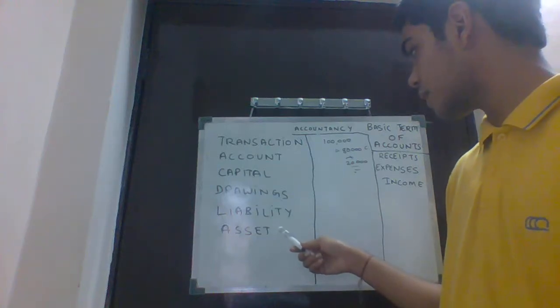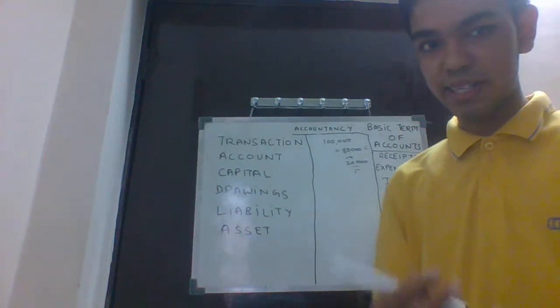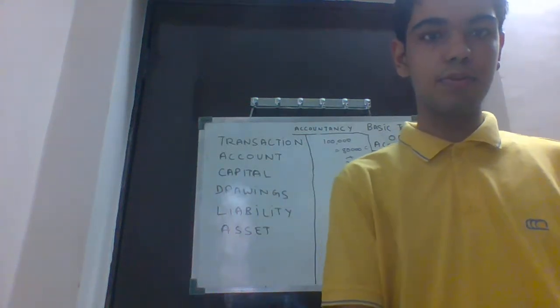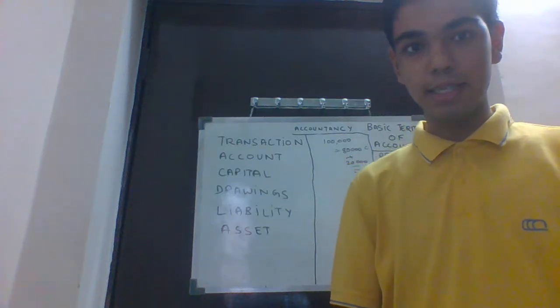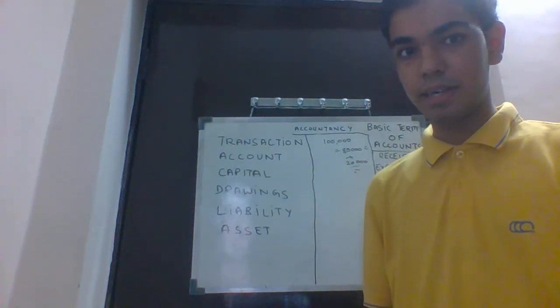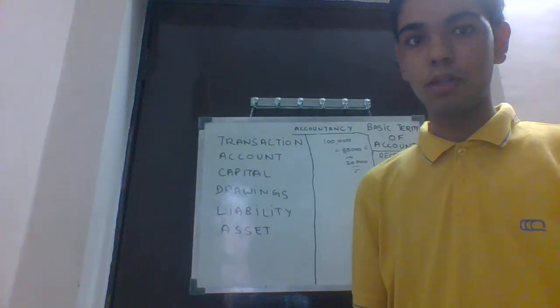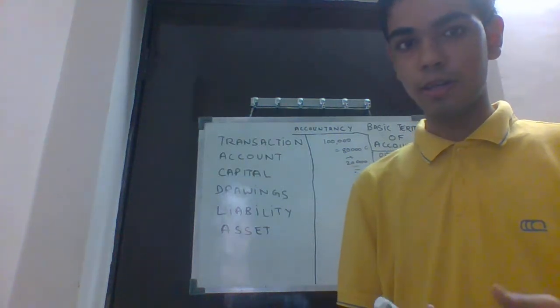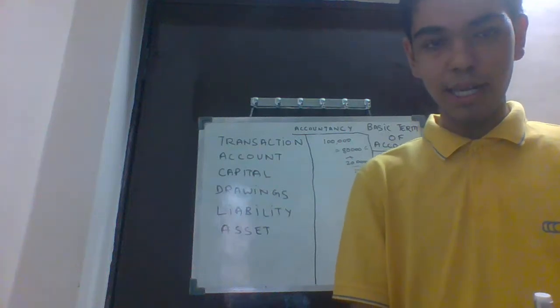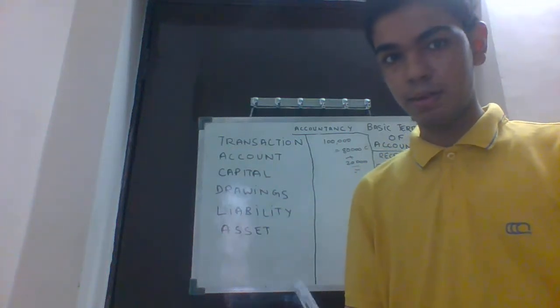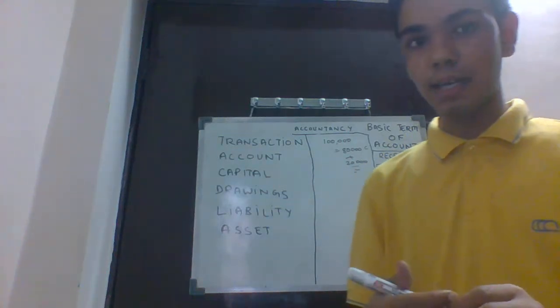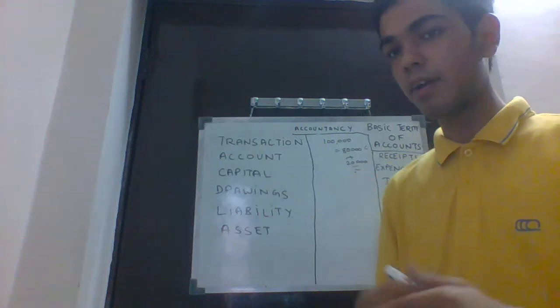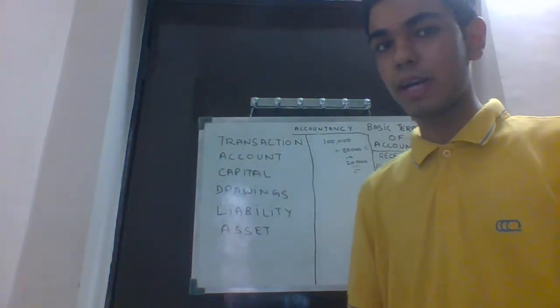Now what do you mean by asset? Assets are basically of 3 types: current assets, non-current assets and fictitious assets. And on the basis of its properties, that is whether it can be touched or not, these are of 2 types: tangible asset and intangible asset. Now liabilities are also of 2 types which I will be explaining to you later after assets.